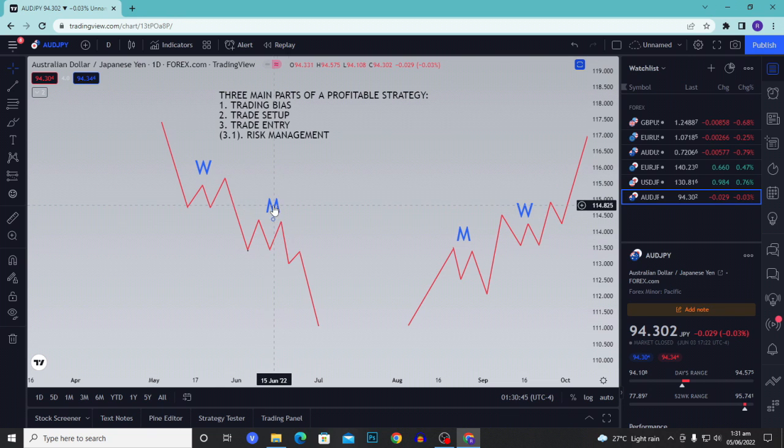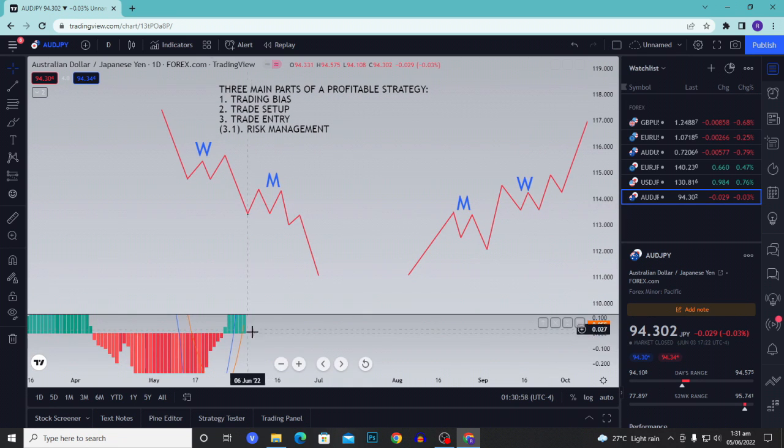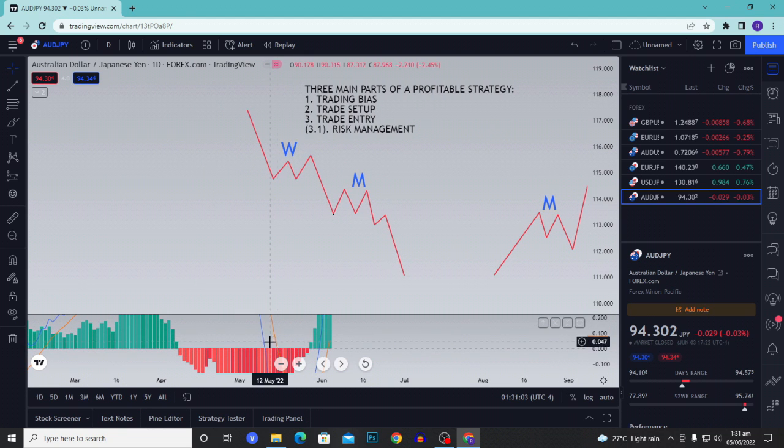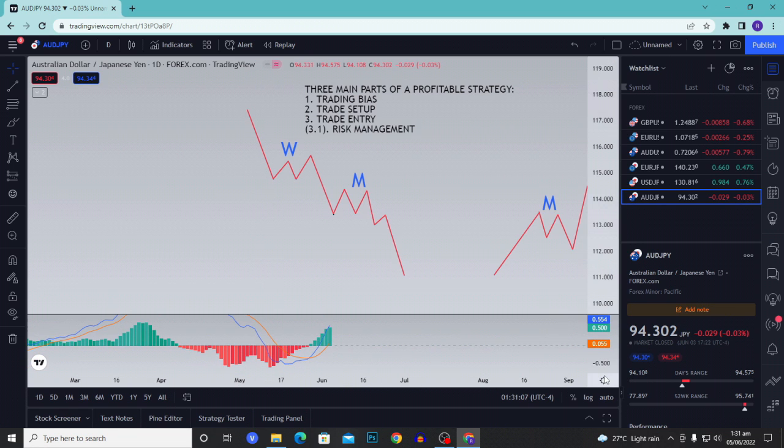And also with that, we wait for the MACD line, or the moving average convergence divergence line, to cross below the 0 point on the MACD indicator. So like here, for example, the MACD line right here is the blue line in this case on TradingView. These are default settings. So the blue line here is the MACD line.